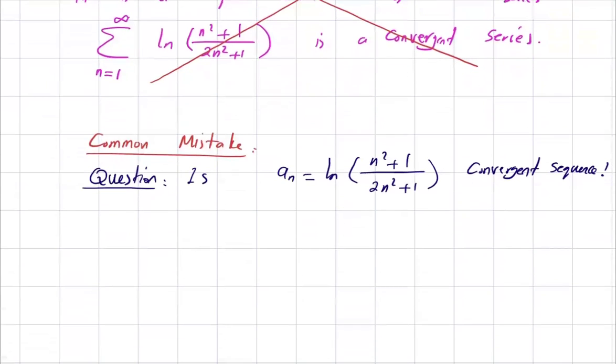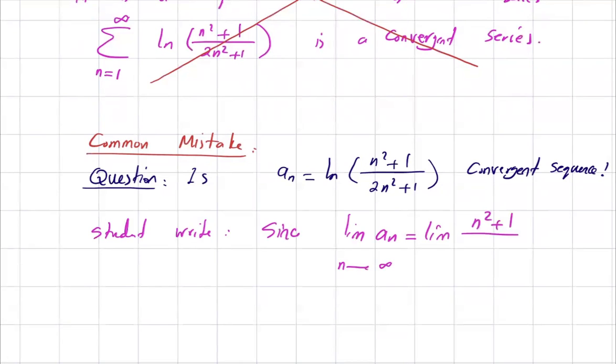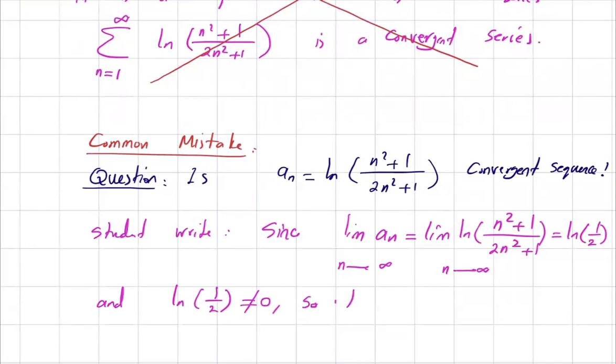And students write, since the limit of an as n goes to infinity, which is the limit of ln of n squared plus 1 divided by 2n squared plus 1 as n goes to infinity, is equal to ln of a half, and ln of a half is not 0, so the sequence is divergent.